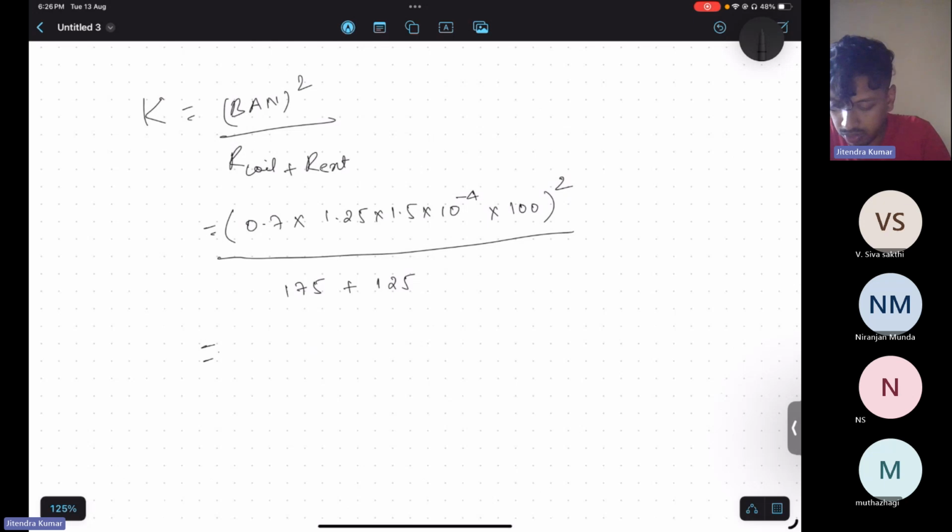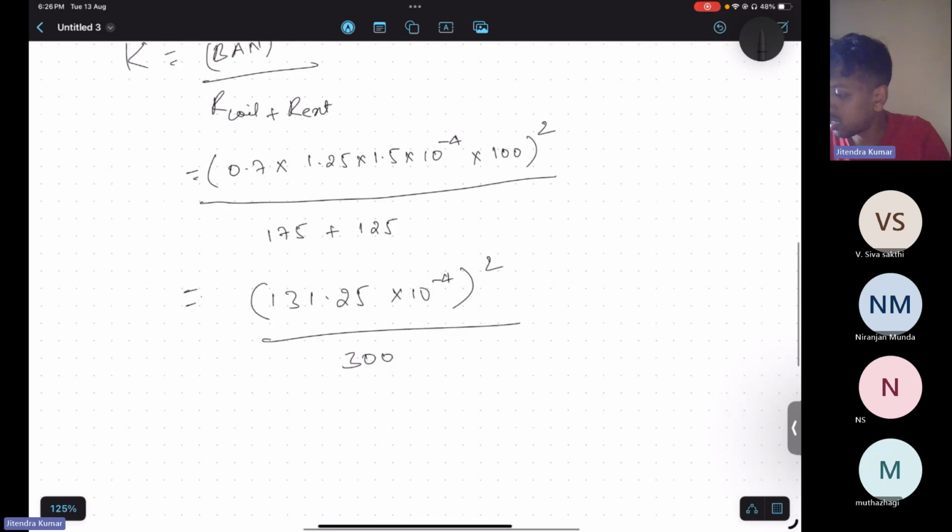7 into 1.25 into 1.5. So 131.25 into 10 raised to power minus 4 square divided by 300.